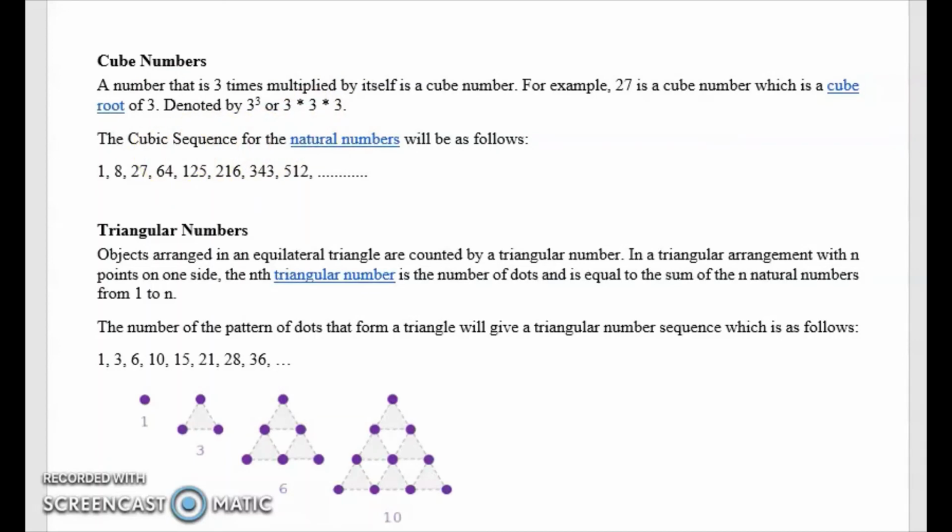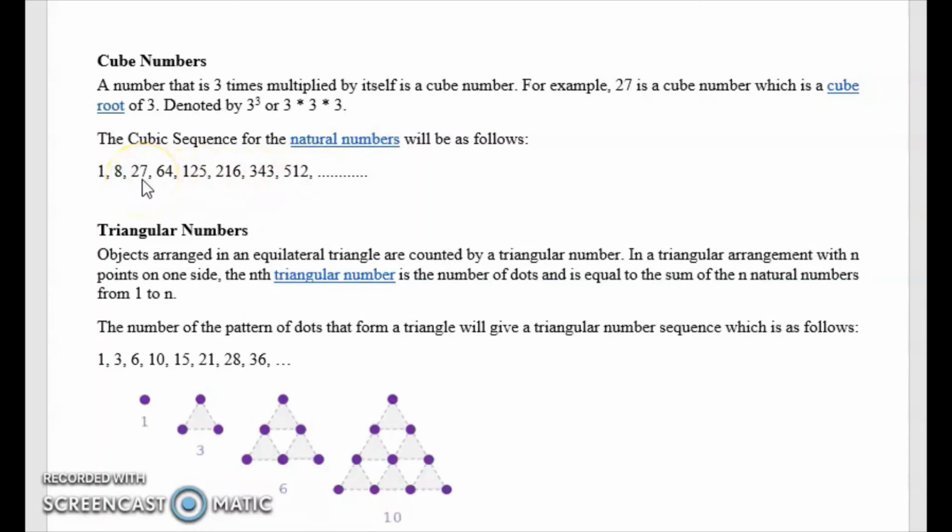Okay, so the cubic sequence for the natural numbers will be as follows: 1, 8, 27, 64, 125, 216, 344, 512, and so on to infinity.